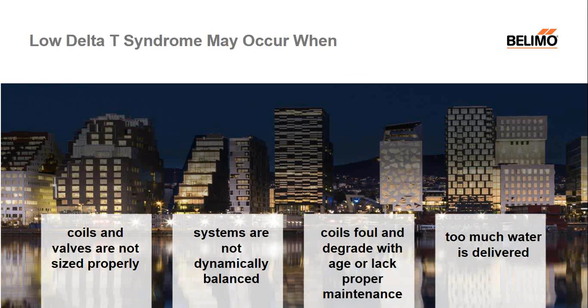And even during service, there could be instances where the coil is damaged. These coils are designed with a very specific geometry between the tubes and the fins, and if that geometry is changed, that once again is going to have a negative effect on the heat exchange of the coil. So essentially, what we're talking about is too much water being delivered, or over pumping that coil, with, in a sense, a low delta T syndrome effect.